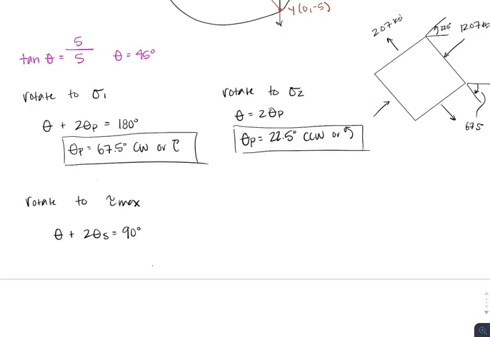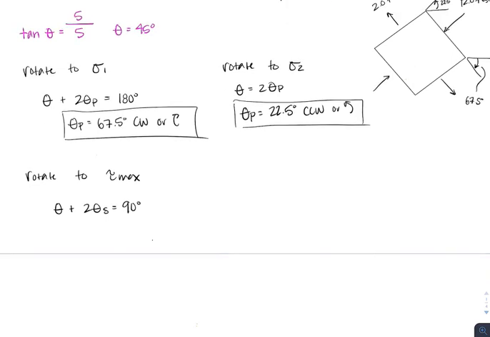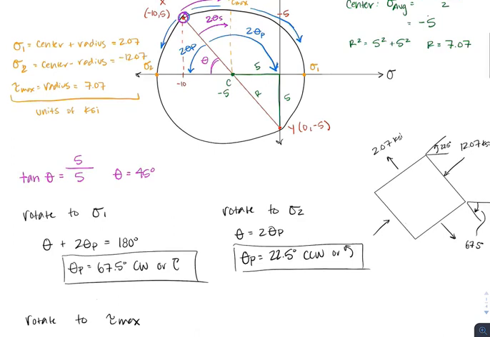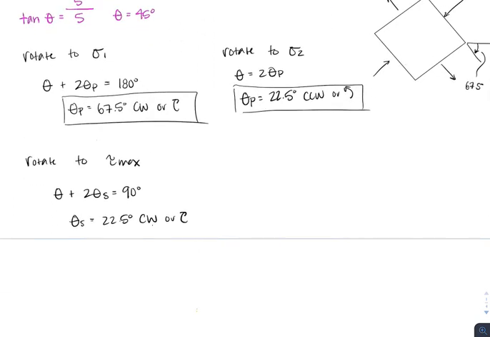So similar to how we calculated the first one, this gives us a theta s, which is going to be equal to 22.5 degrees clockwise. And then you can also solve this by rotating point x all the way to the other tau max or tau minimum. It would give you the same answer, but I'm not going to solve that in this case.